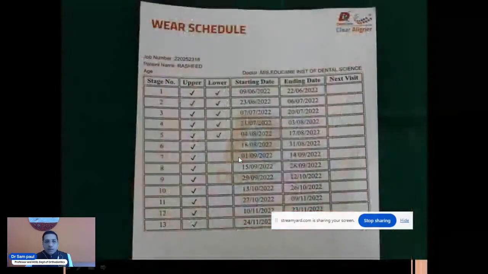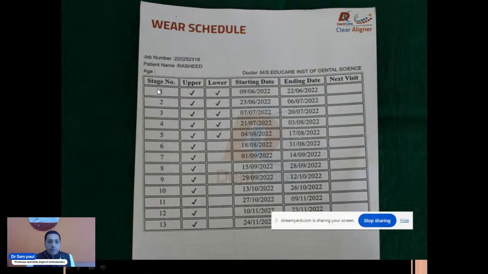The patient had 13 trays altogether. The first upper and lower tray was delivered on 9/6/2022. The patient is supposed to wear this first aligner till the ending date, 22/6/2022.